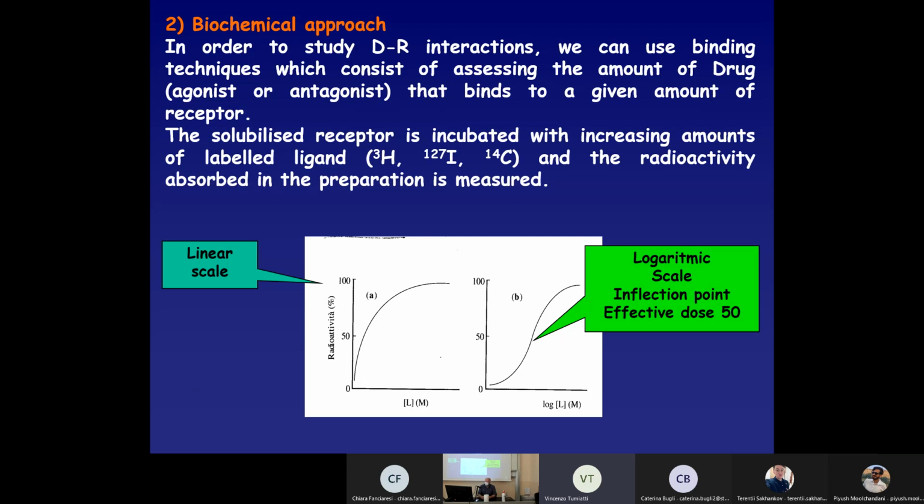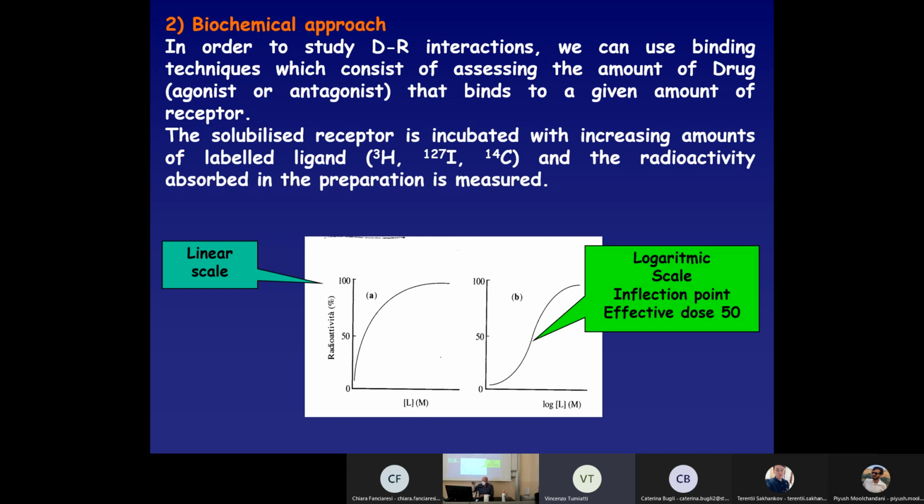We do not measure the ability of this ligand to activate the receptor. So, in this case, we know only the ability of our compound to interact with a specific receptor, but not the ability of this compound to activate the receptor.